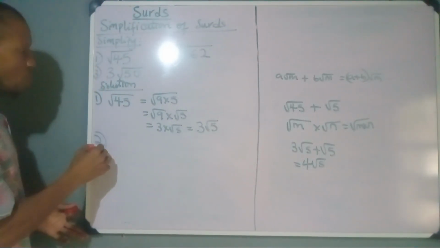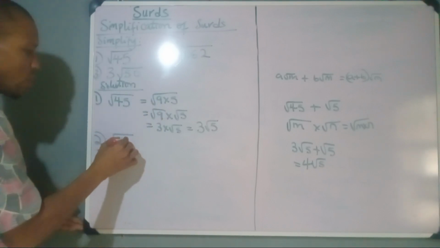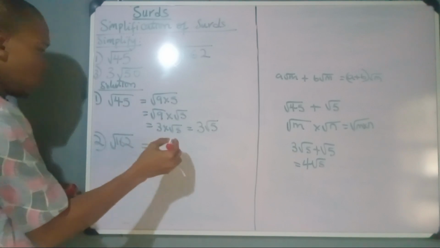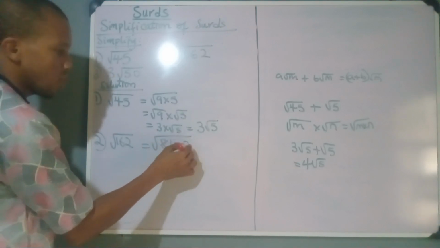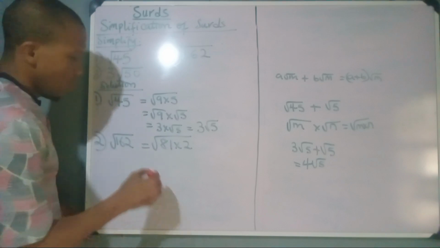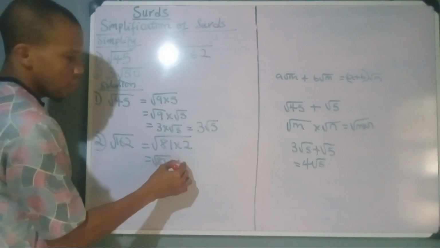Number 2, root 162. If we simplify it, we can say 162 is the same thing as the square root of 81 times 2. So that will be root 81 times root 2.